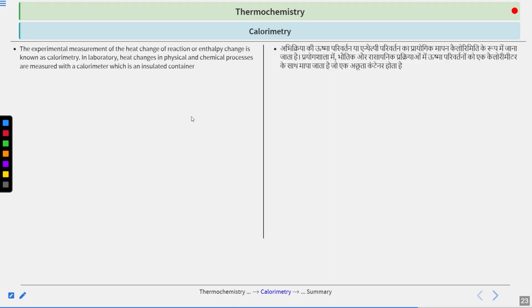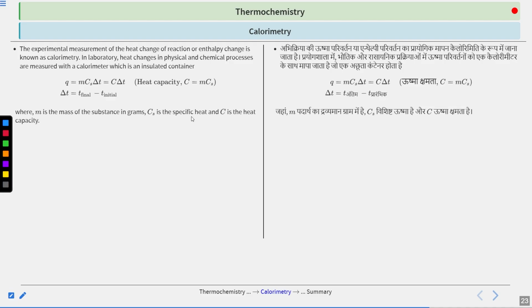Then we come to the calorimeter. It is an instrument which is used to calculate the heat exchanged or absorbed during a chemical or physical process. Clear? Now Q is equal to m c delta T, where Q is the heat, m is the mass, c is the specific heat capacity, and delta T is the temperature change.